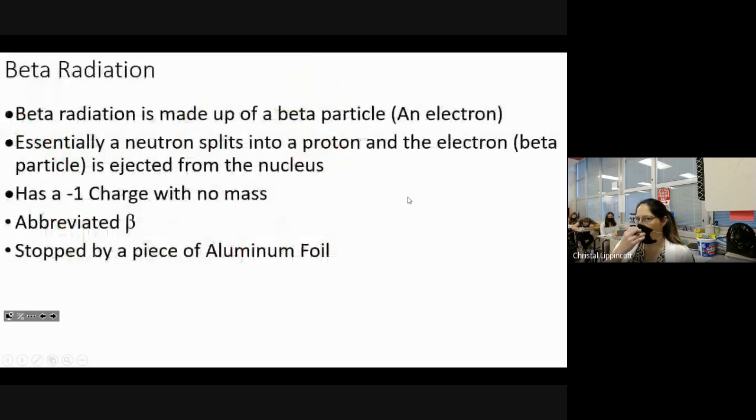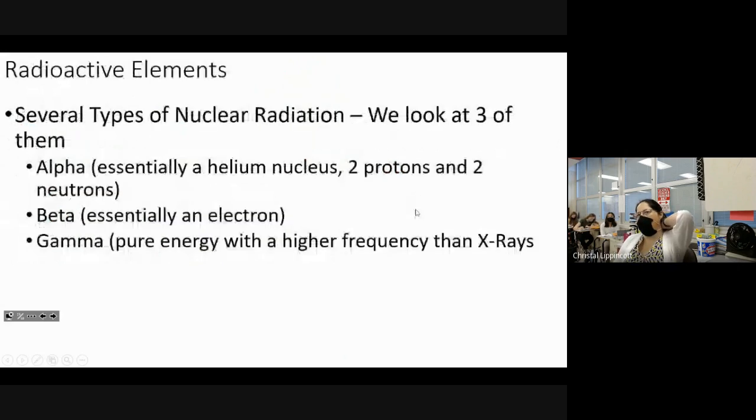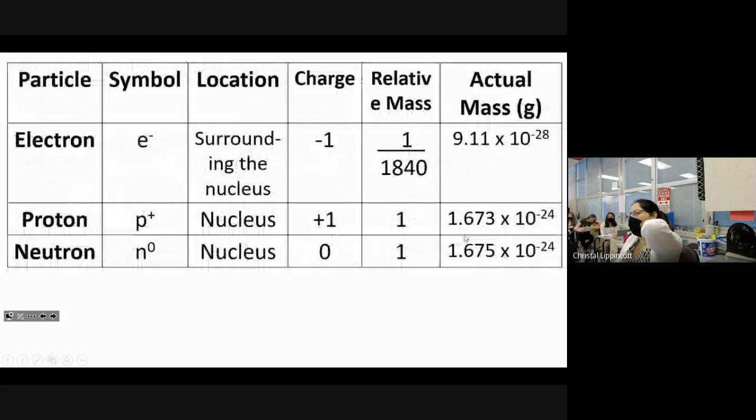Beta then is made up of an electron. Now, remember back, I told you back when we were looking here, I want you to remember me talking about this, where our neutron is slightly heavier than our proton. Do you remember me talking about that? And I said, I want you to hold on to that nugget because we're going to come back to it.